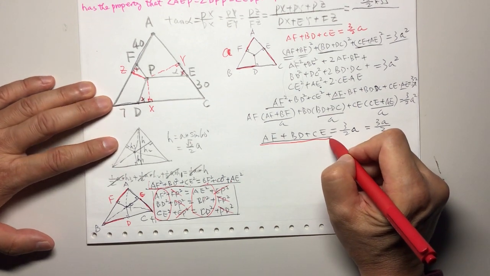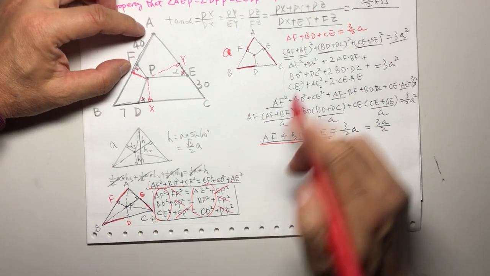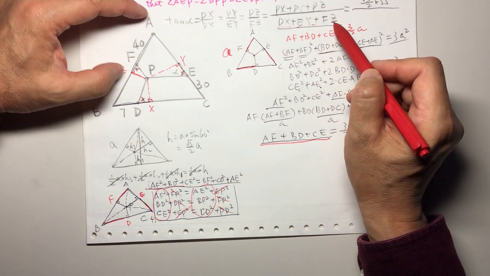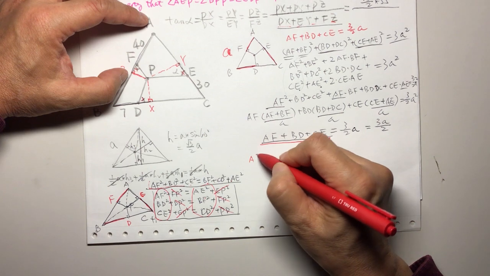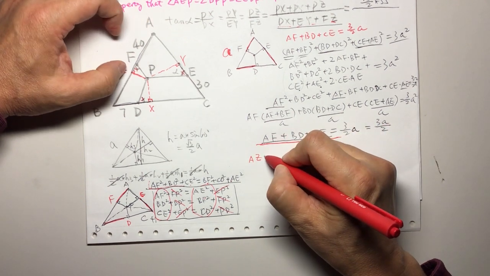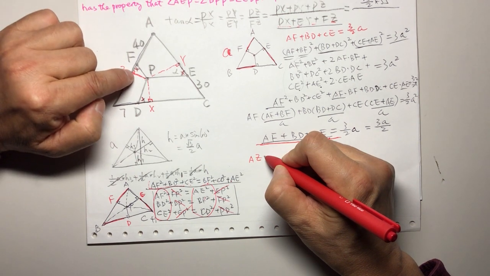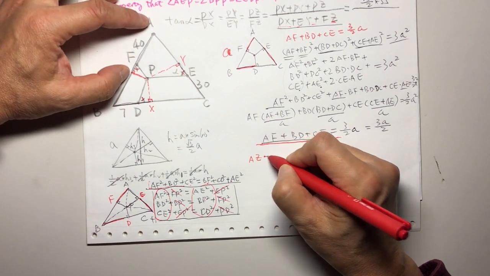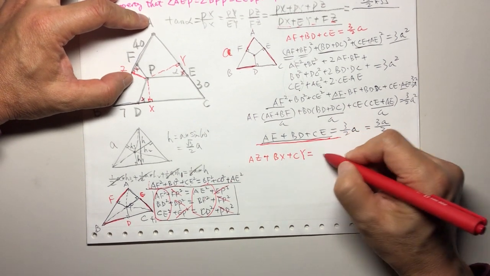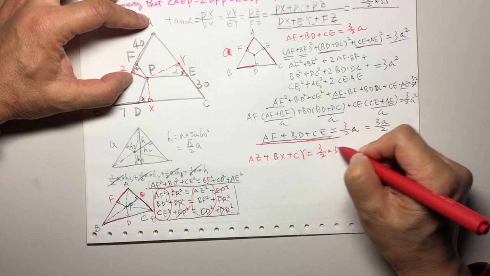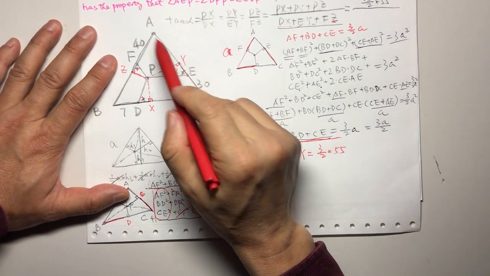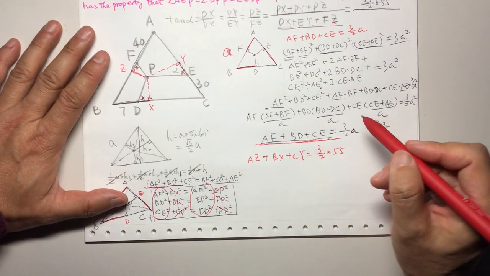So for this problem, now we want to find DX, EY, and FZ, because we know AZ, according to this conclusion, Z is the perpendicular point. So AZ plus BX plus CY will be this one, right? 1/2 of the perimeter.